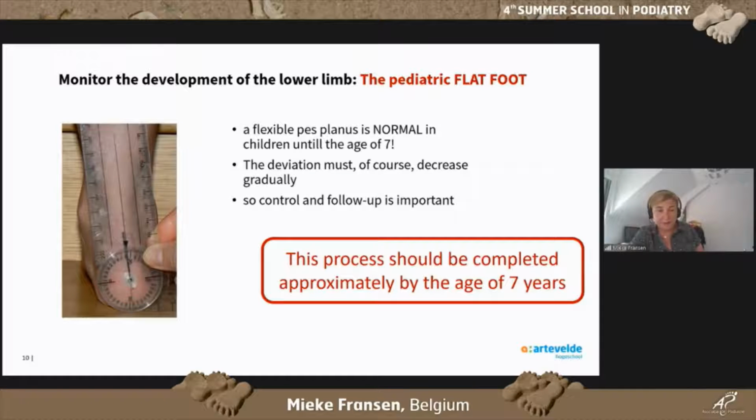So examination and monitoring during this process is very important, because if we see a child of 5, 6 years old with still a very big eversion of the calcaneus, we know that this normal evolution is not going to be finished at the age of 7, so it's not going to be normal. So it's important to monitor because we have tools to treat it, and we'll talk about this a little bit later in the presentation.